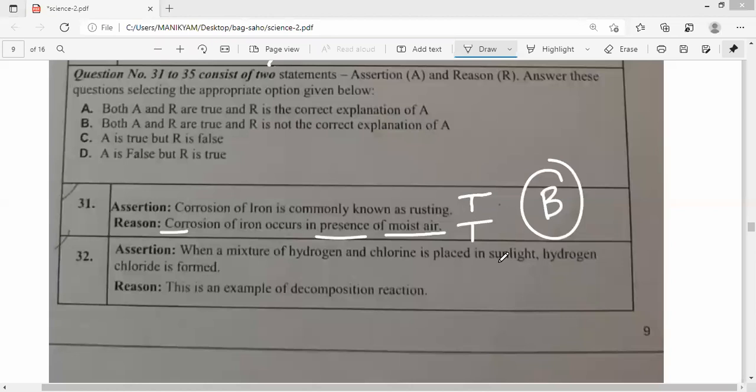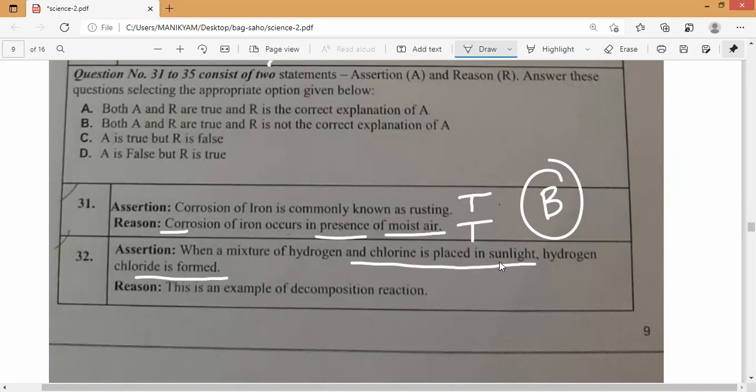Now, when a mixture of hydrogen and chlorine is placed in sunlight, hydrogen chloride is formed. Is it formed? It is not a photolytic reaction, is it yes or no, guys? Respond, everybody.